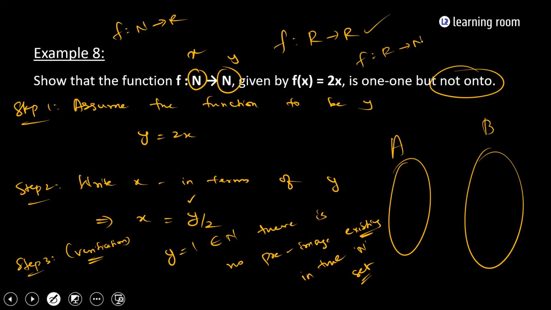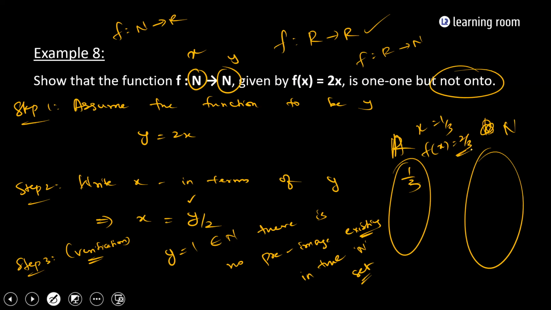Why? For example, if it is R and this is N, I'll have a real number 1 by 3. So x is equal to 1 by 3. What is f of x here? Is it not 2 by 3? Are you able to understand? Yes, sir.